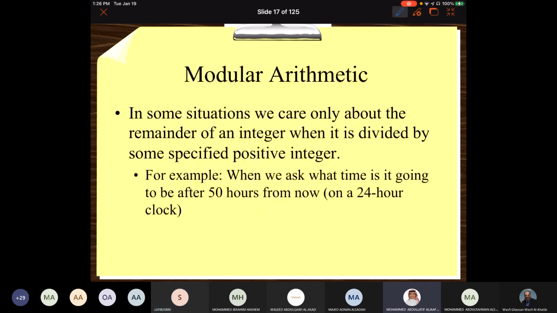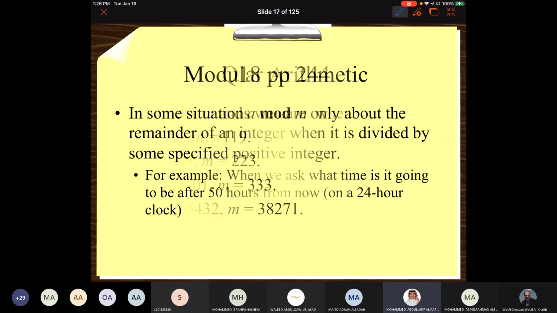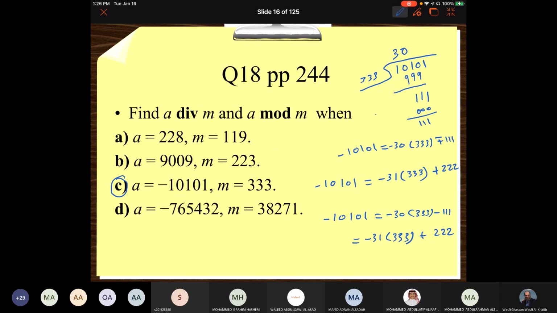30 ايش وانا فيها عشان تصير 31؟ ماني سامع منيح. كيف تصير 31؟ انا شو سويت؟ مش انا عندي minus 30 multiplied by 333 وعندي هذا minus 111. I want to make minus 111, I don't want it negative, I want positive. طب how can I do it positive without changing the equation? I said, okay, subtract 333 from the first term and add 333 to the second term.